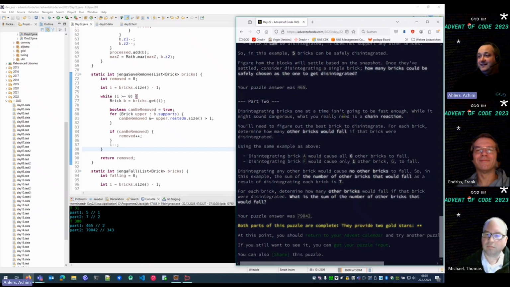So we have to go through all our bricks, and if we remove that one, how many additional bricks would drop? We have to do that for every brick and sum those results up.